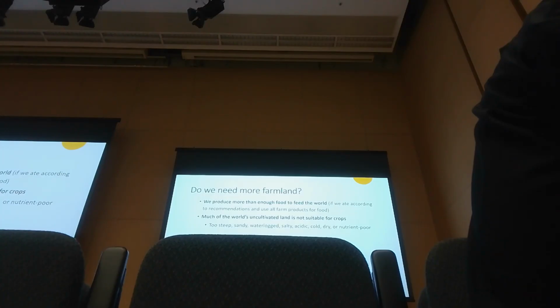They may not be suitable for crops, and they may have very important ecological functions we don't want to disturb. So basically, we want to keep their ecological functions, our biodiversity and the ecosystem balance in those different land resources. So we should protect them, not convert them to farmland.